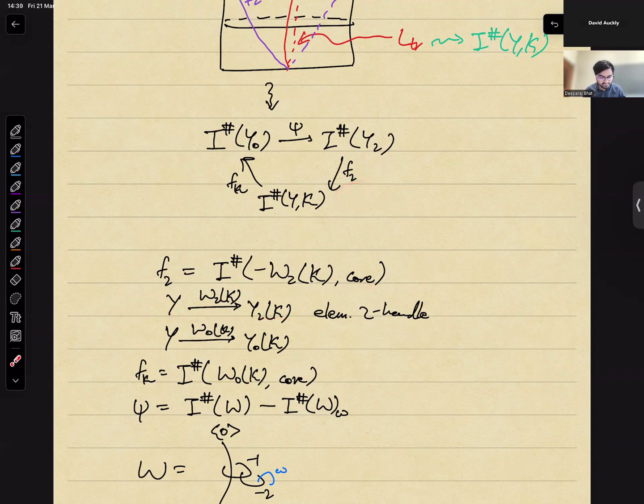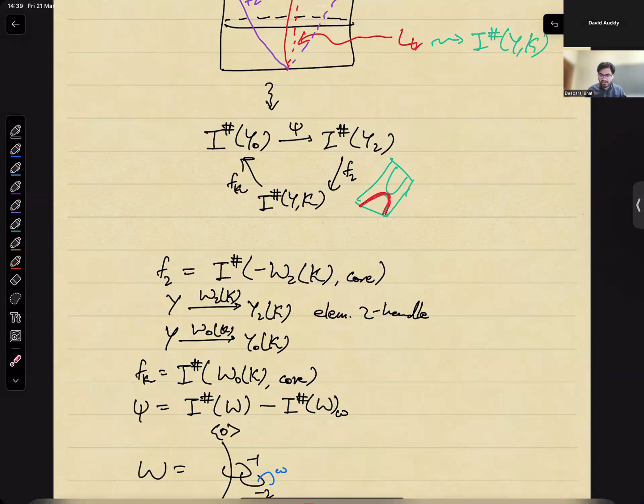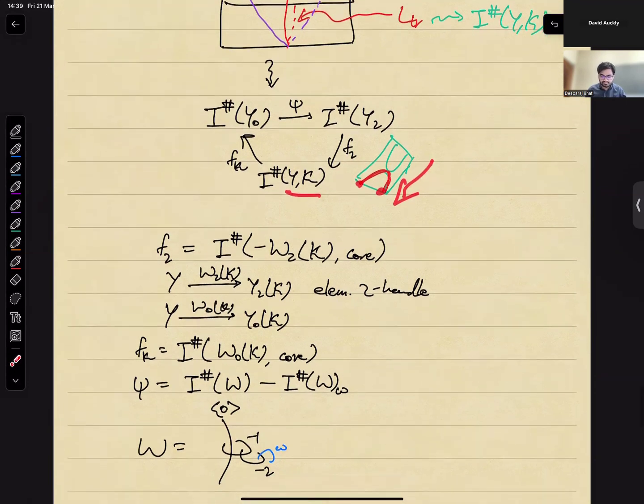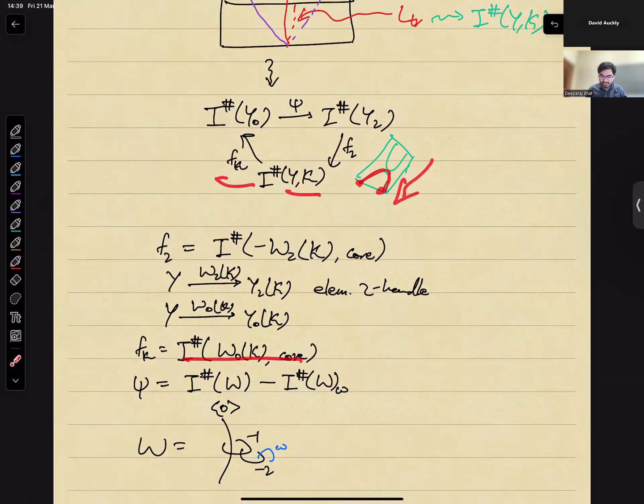Pictorially, you have your two-handle that you attached, and you add this information to the cobordism so that it starts from Y_2 and goes to this situation where this is your knot. For this one, it's very similar: you look at the trace of the 0 surgery, and then you look at your core.